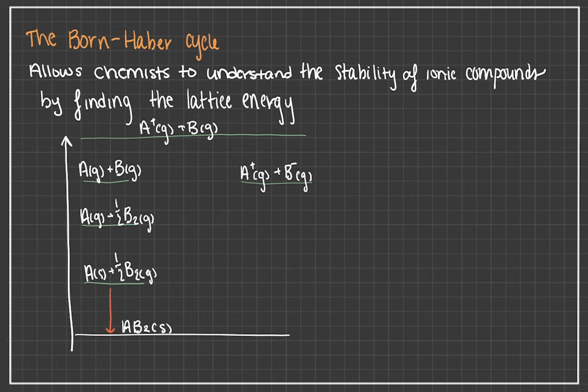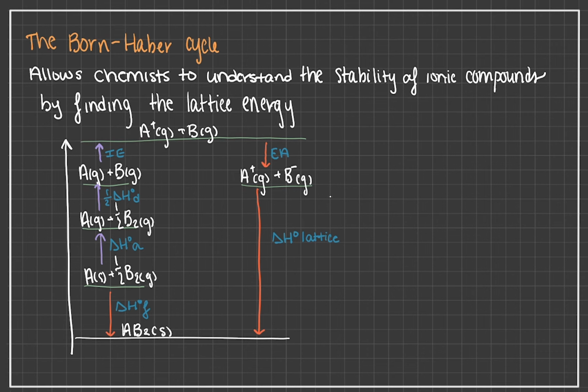B is naturally formed as B2, so because we only want one, we're going to have half of our heat of dissociation. The next one is ionization energy, which is removing an electron from A. And then we're going to do our electron affinity, which is adding an electron to B. And then we're going to have lattice energy.